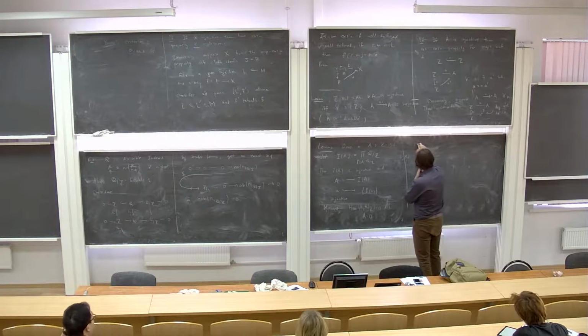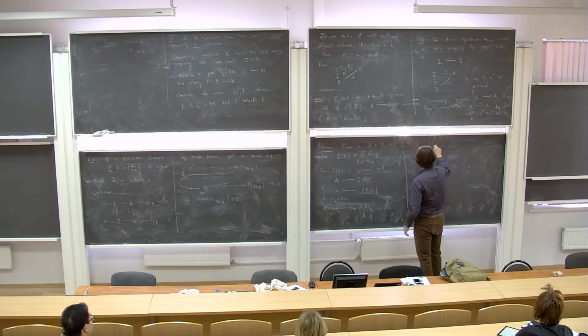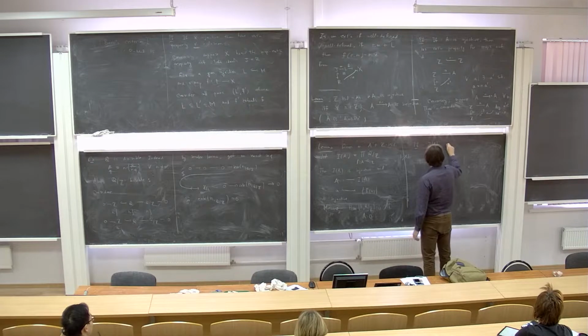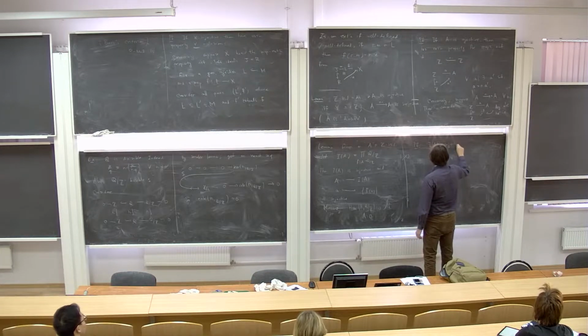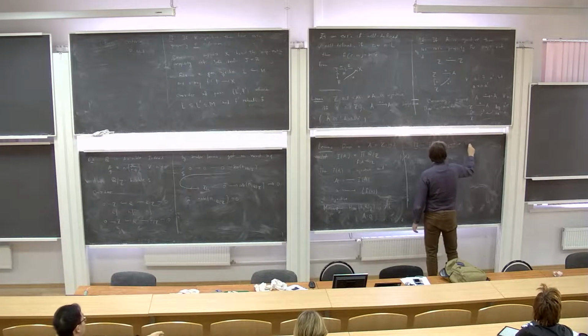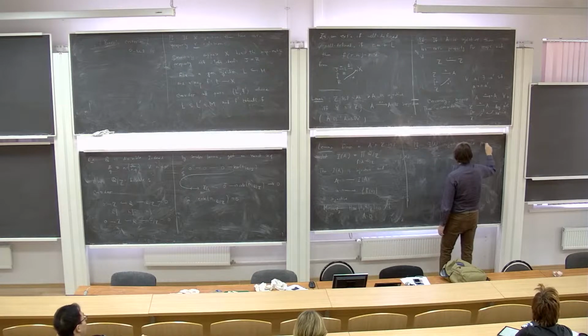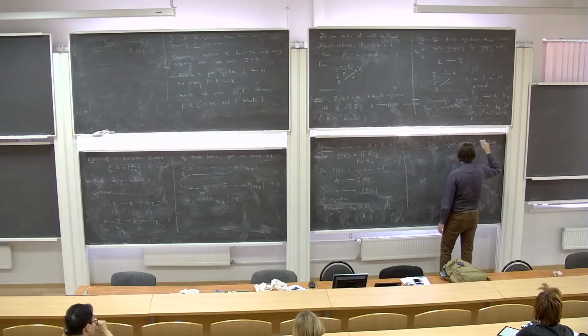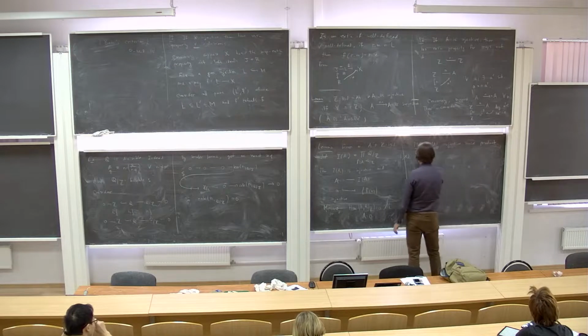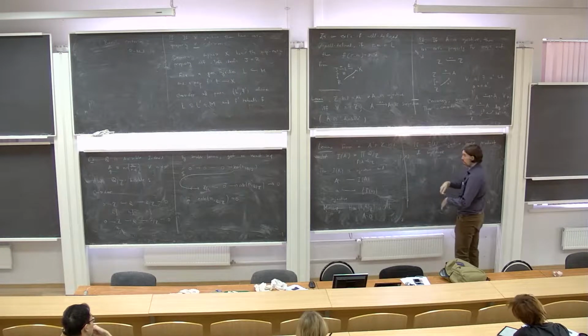Okay, so proof. So I claim first I of A is obviously injective, since it's a product of injectives, so you can easily check that injectives are closed under products. Similarly, projectives are closed under sums.